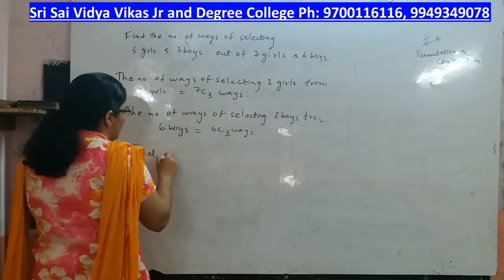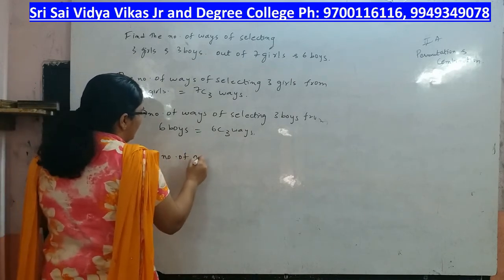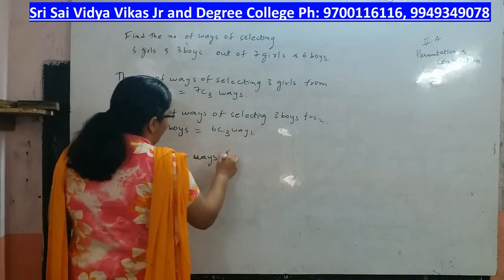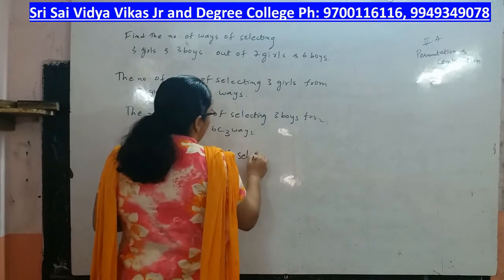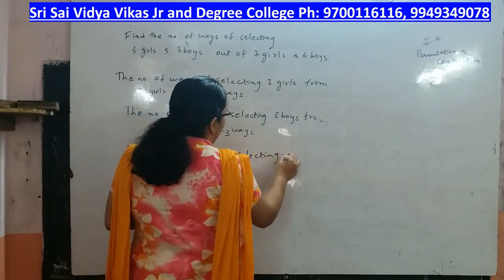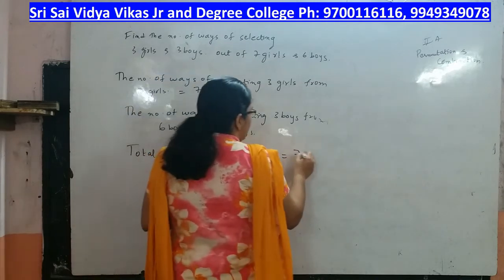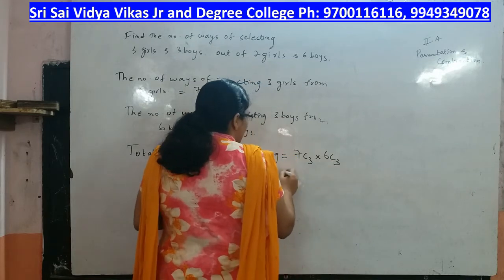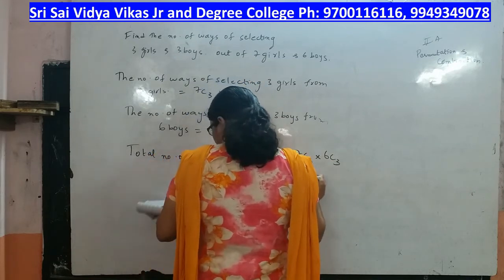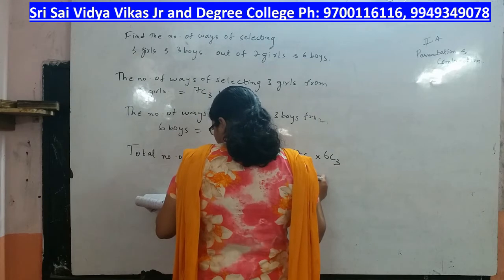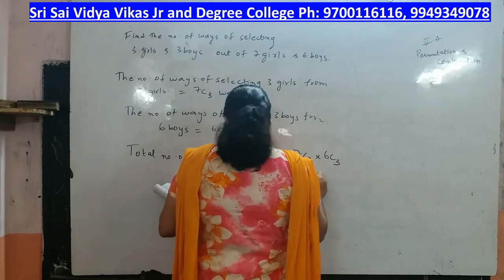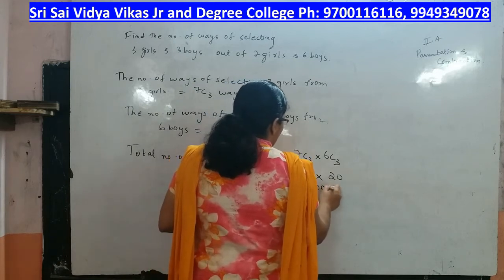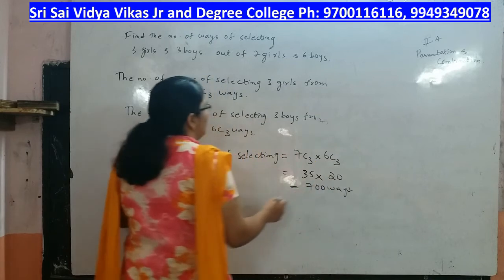Total number of ways of selecting is equal to 7C3 into 6C3. So that is nothing but, 7C3 value is 35, 6C3 value is 20. So total 700 ways you can select.